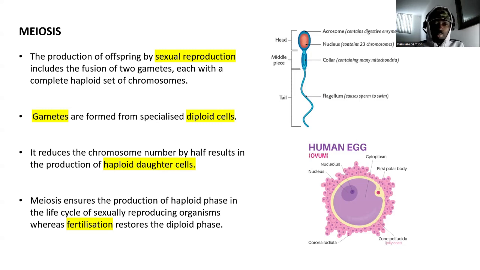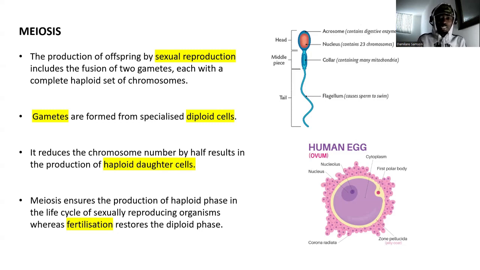It reduces the chromosome number by half, resulting in the production of haploid daughter cells. So half of the diploid cell will give you what? Haploid cells. So there is a reduction. Now, meiosis ensures the production of the haploid phase in the life cycle of sexually reproducing organisms, whereas fertilization restores the diploid phase.